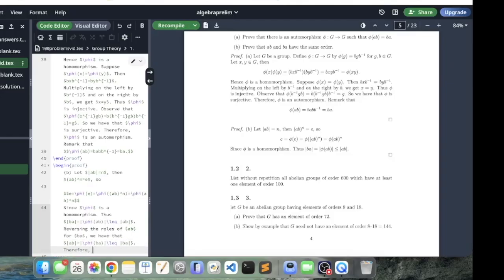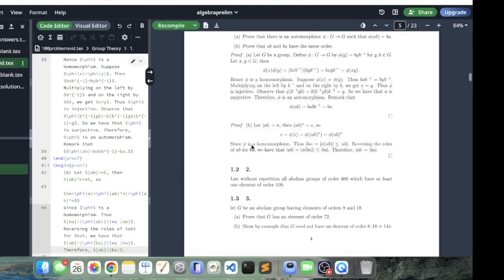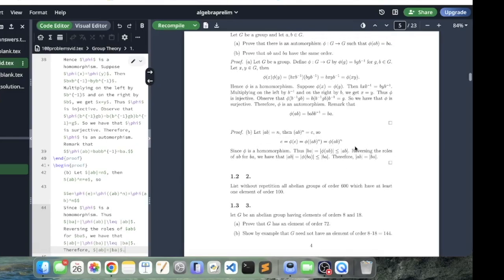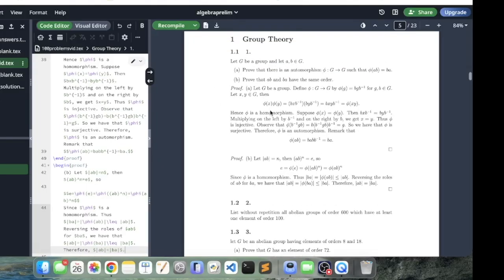Therefore, they're equal. The order of AB is equal to the order of BA, because they're both less than or equal to each other, so they have to be equal. Okay, and that's the entirety of number 1.